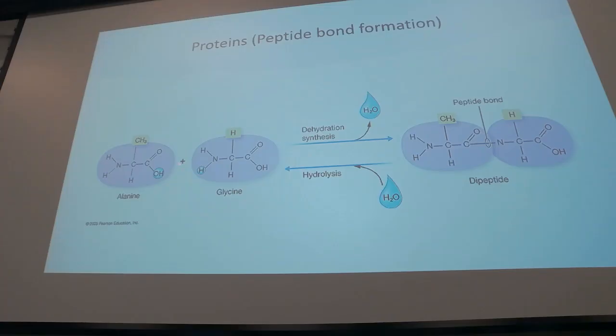So you remove this hydroxyl group from this carboxyl group, and this hydrogen from this amino group, from glycine, and then you form a dipeptide through a peptide bond. So that's a synthesis reaction. And then you can break down the bonds between these two by adding water. That's called hydrolysis. So then you can reverse this.